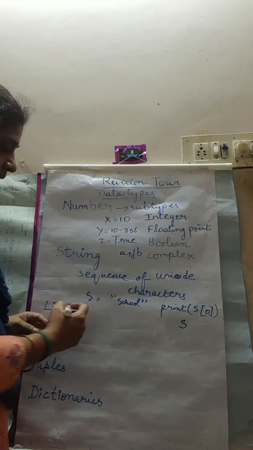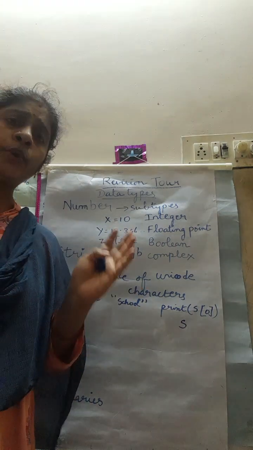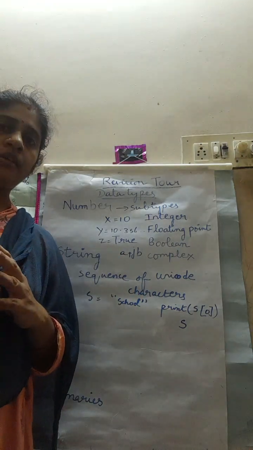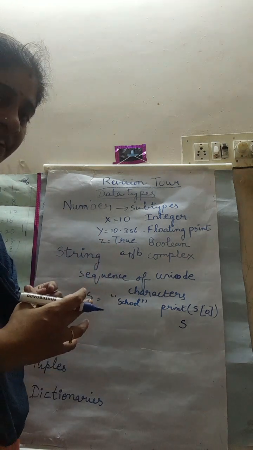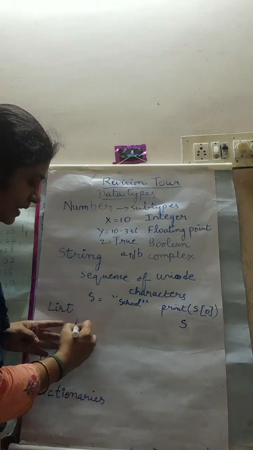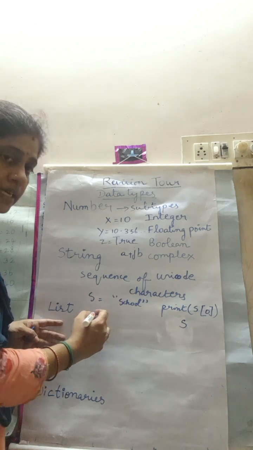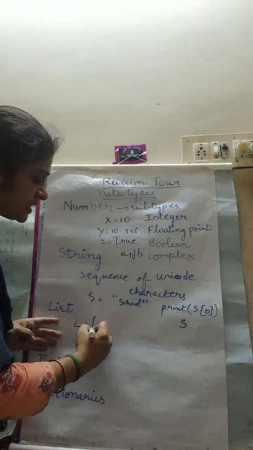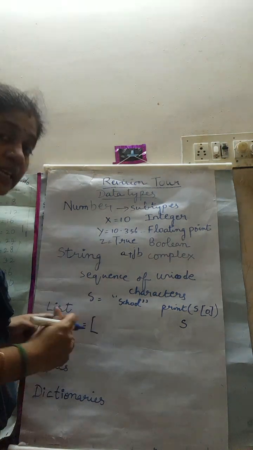Now let us go with the next one. What are lists? Lists are nothing but a group of comma separated values written within square brackets, which can be modified. That is, they are mutable.